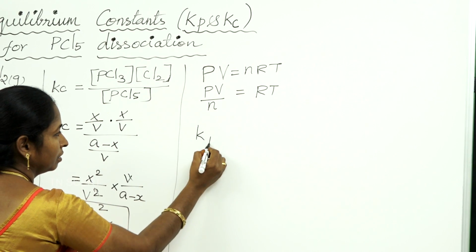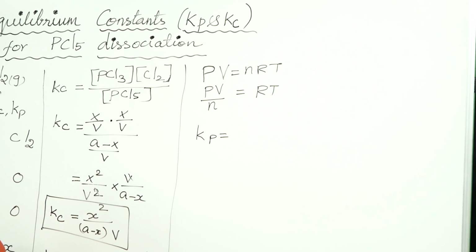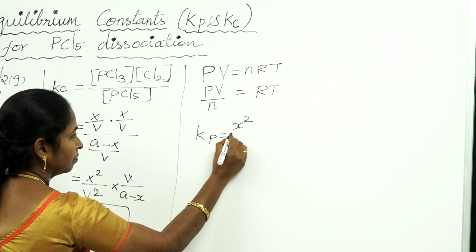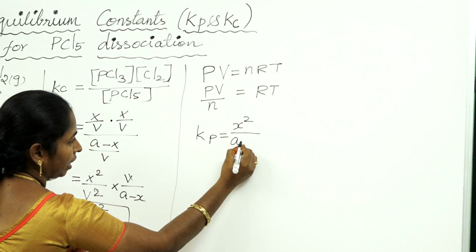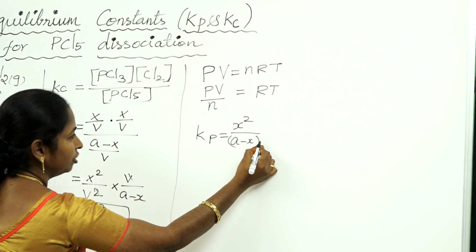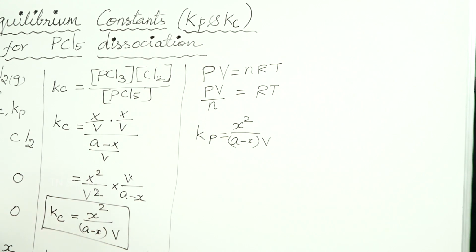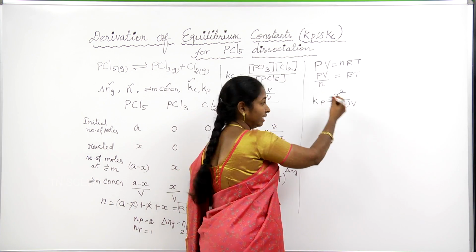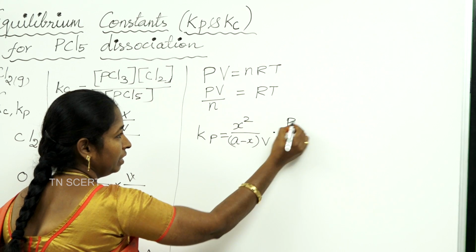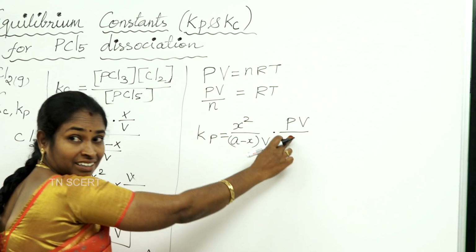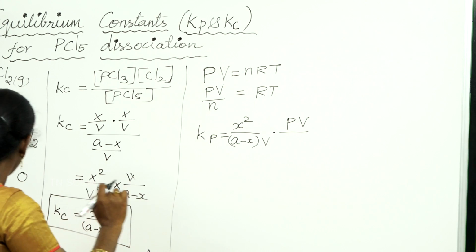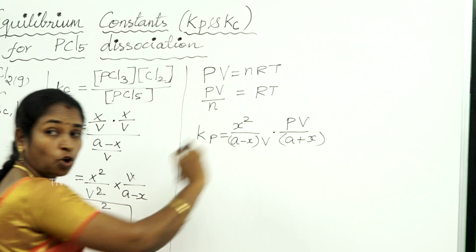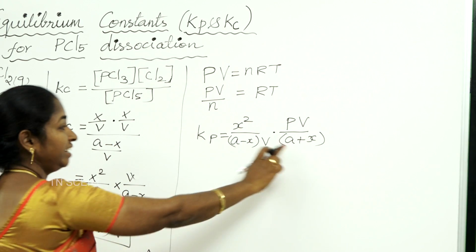Kp equal to Kc. What is Kc? Apply the value X square by A minus X into V, into RT. What is the value of RT? It is PV by n. The value of n is A plus X. This n is the total number of moles at equilibrium.